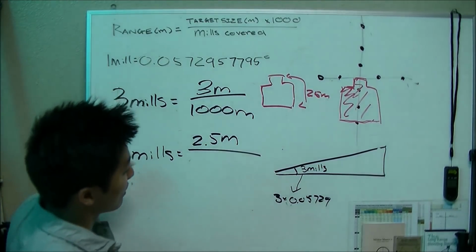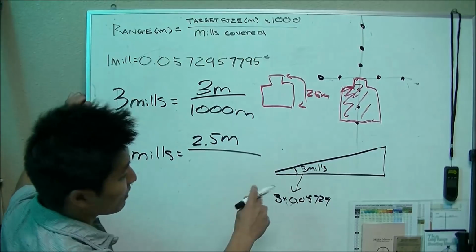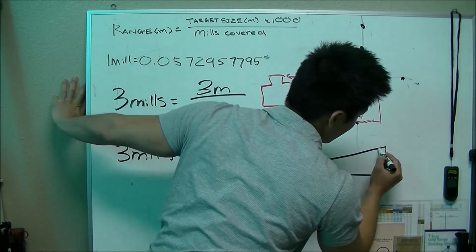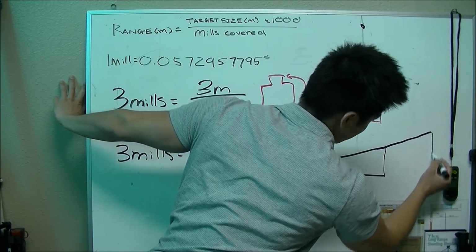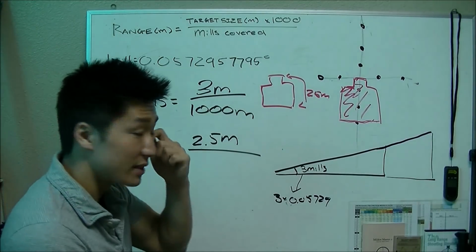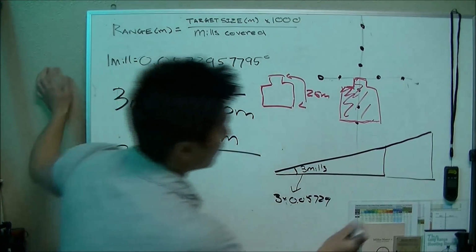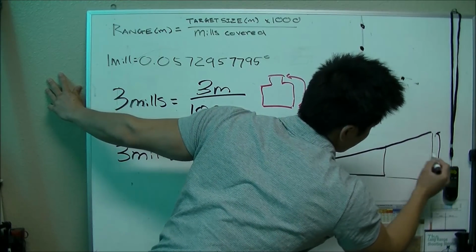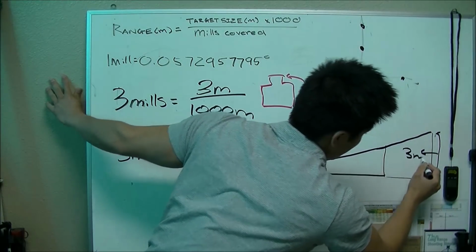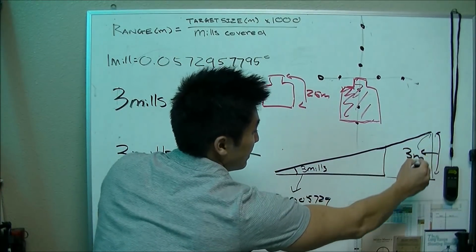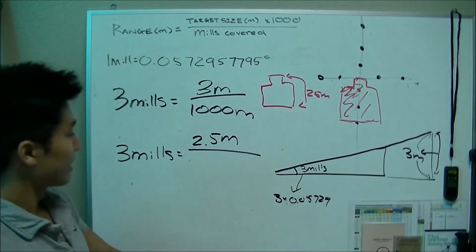Well, what is that going to be? We know that 3 mills at 1,000 yards, or 1,000 meters, excuse me, right? 1,000 meters is going to represent something that is 3 meters tall. So we know that that length right there is going to be 3 meters, right?